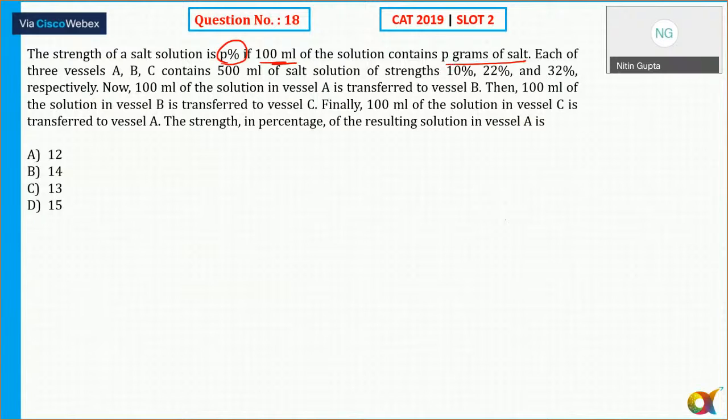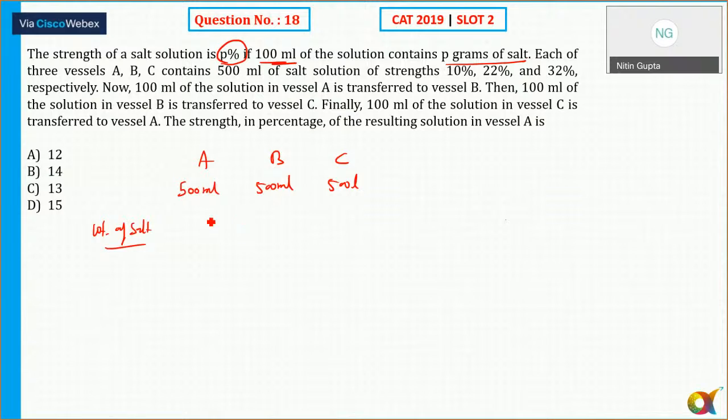Now each of the three vessels A, B, C has 500 ml, the weight of salt, and strength is 10%. So 100 ml में strength is always on the basis of 100 ml. So 100 ml में 10% salt है.